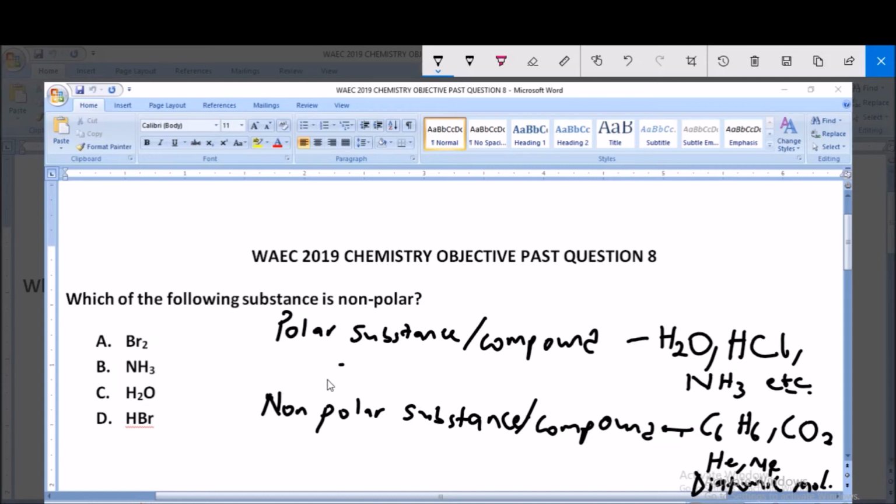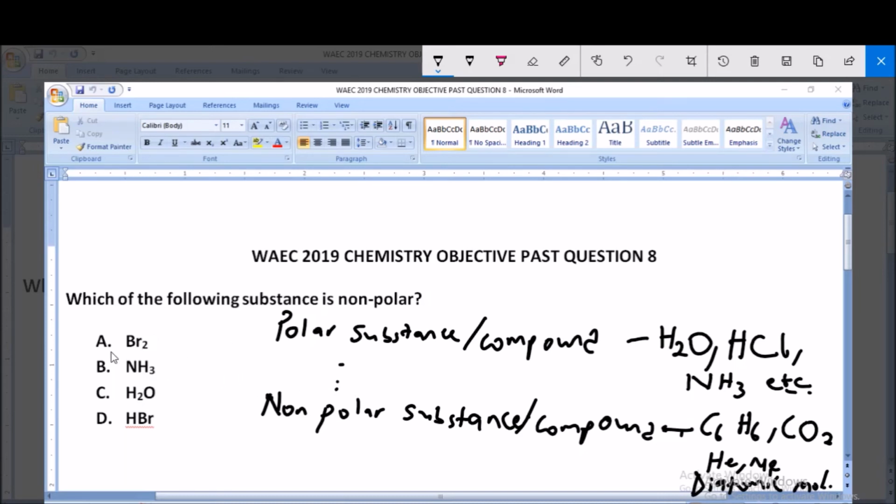We've mentioned water also as an example of polar substance, so water is ruled out. Hydrogen bromide is a chemical compound that comprises of hydrogen and bromine. So since it is likely to possess charges within it, hydrogen bromide is ruled out.